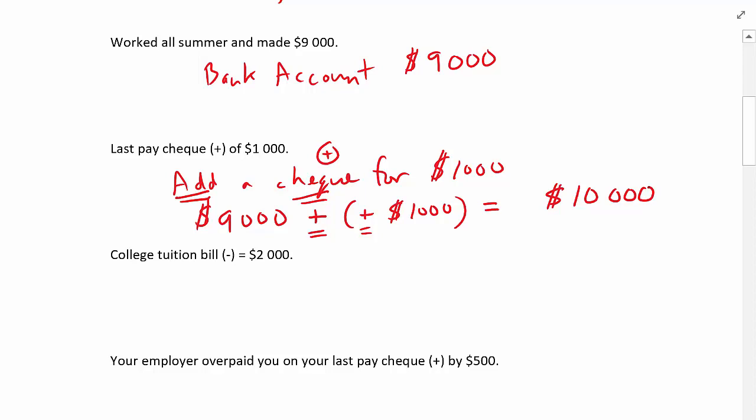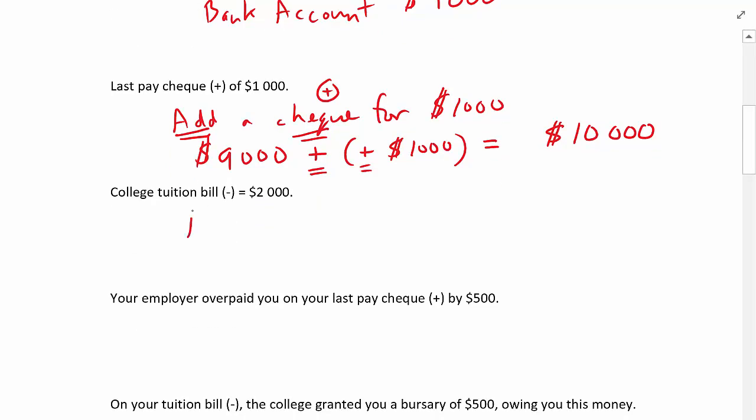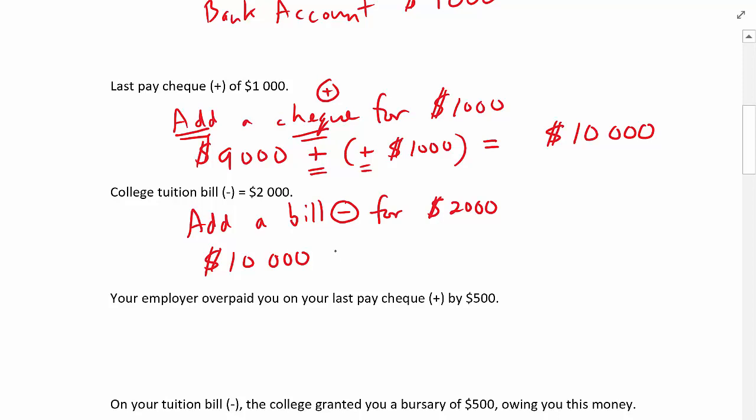Pretty basic stuff. Moving along, now you get your college tuition bill. The tuition bill is $2,000. This is not realistic. These are just numbers. So this is a bill. We're going to add a bill, which is a negative amount, for $2,000. That means we're going to take our $10,000 that's in our bank account after we get our last paycheck, and add to that a bill.